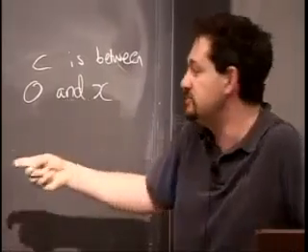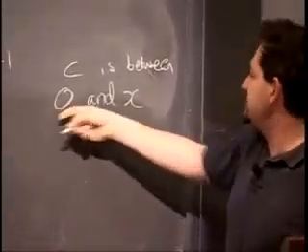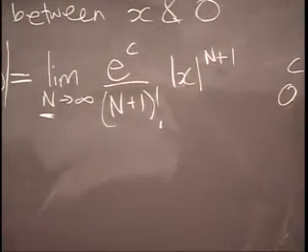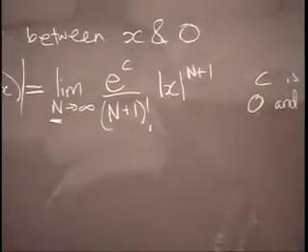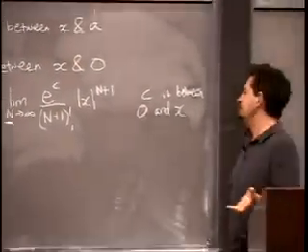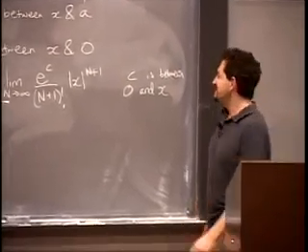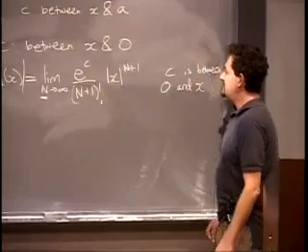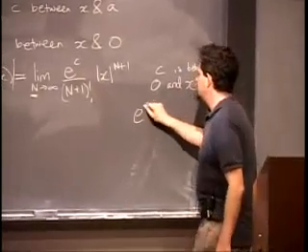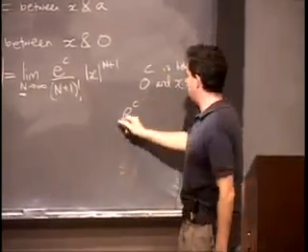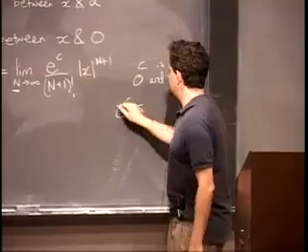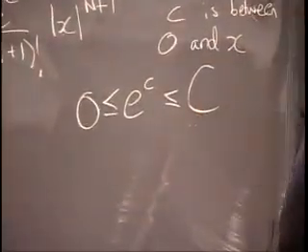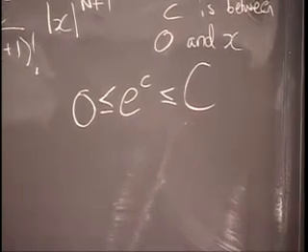Suppose x is 2. c would be between 0 and 2, and e to the c would be between e to the 0 and e squared. So it could be as big as e to the x. But x is a constant. So the point is that e to the c, there's not a lot it can do. It's between 0, certainly, because exponentials are always positive, and some other constant, big C. And it doesn't really matter what this is.